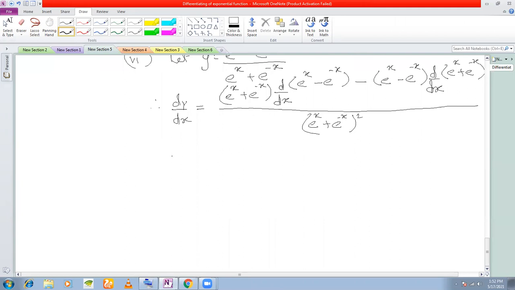Now if you are differentiating here, e to the power of x plus e to the power of minus x into e to the power of x minus, d/dx of e to the power of x is e to the power of x minus, when you're differentiating e to the power of minus x, it will be e to the power of minus x into the d/dx of minus x.